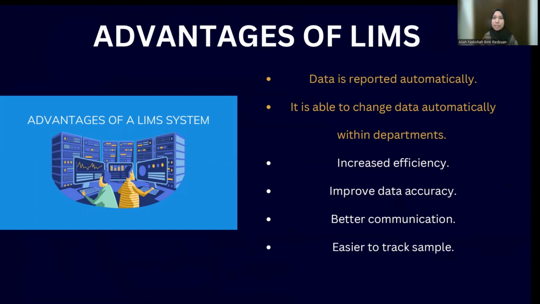First of all, the data will be reported automatically, and it is able to change data automatically within the departments. What this means is that because LIMS uses software, all the data and information that a laboratory gets will be reported automatically instead of manually. And it is able to change data between departments and organizations.